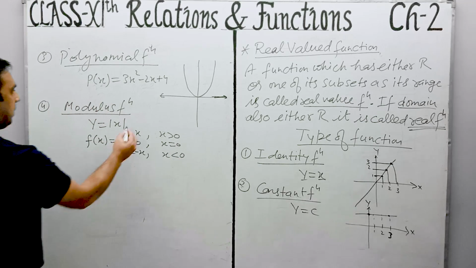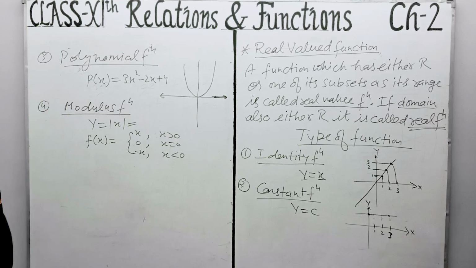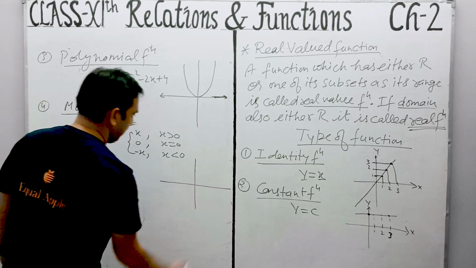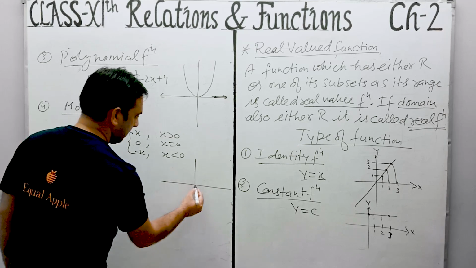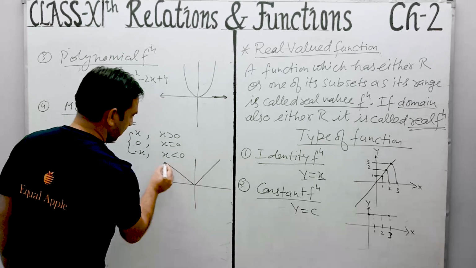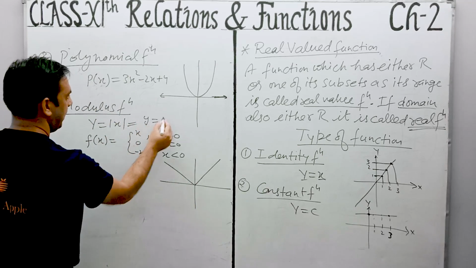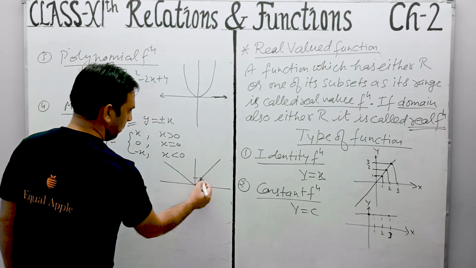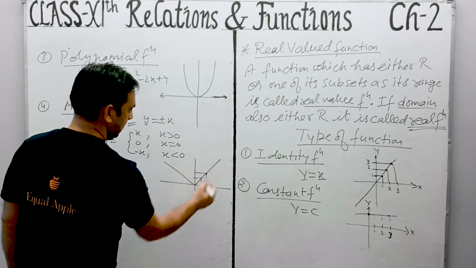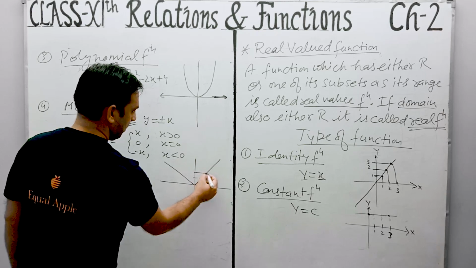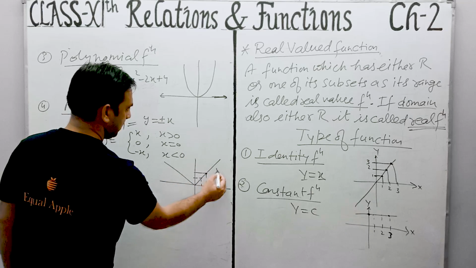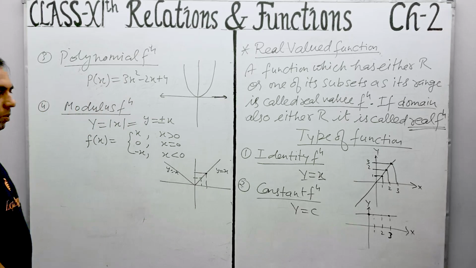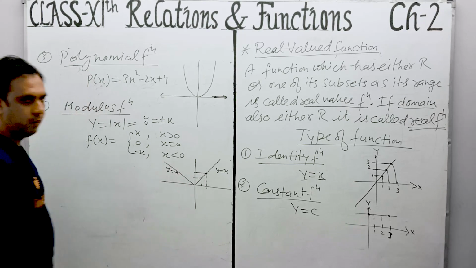The graph of this function will be like this, because we can represent it as y equal to plus minus x. For y equal to x, we get this line on this quadrant. For y equal to minus x, we get this line. So this is the graph of our modulus function.